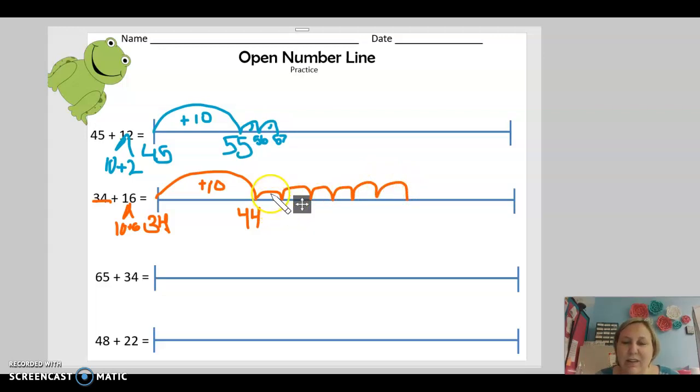Here are my small hops, 1, 2, 3, 4, 5, 6. And I put the ones in there just to remind myself that I'm hopping by ones. So I'm going to count up by ones.